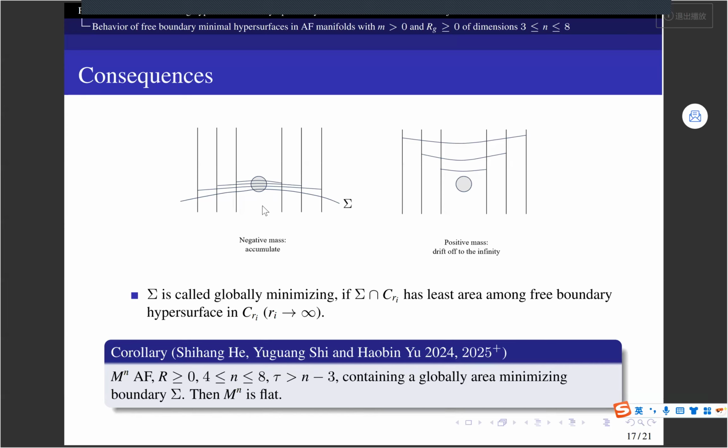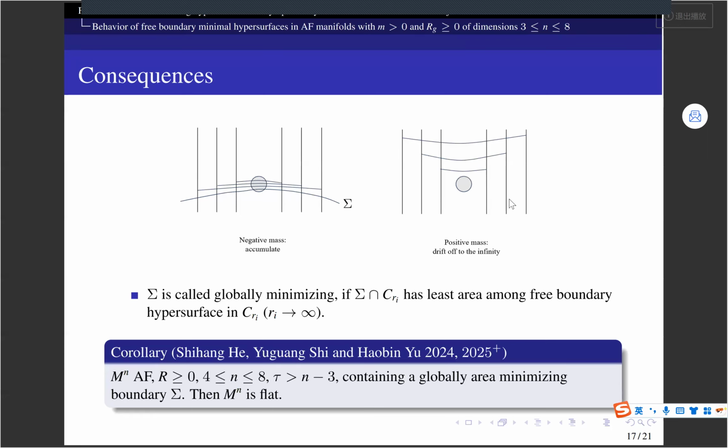You mean if the mass is negative, you can have two hyperplanes as the barriers, and then you play the game. But if it's positive, you cannot find two mean convex hyperplanes and play the game. That's what you want to say? Yes, when the mass is positive and you do the computation, the mean curvature of any hyperplane is negative, so you cannot find this barrier.